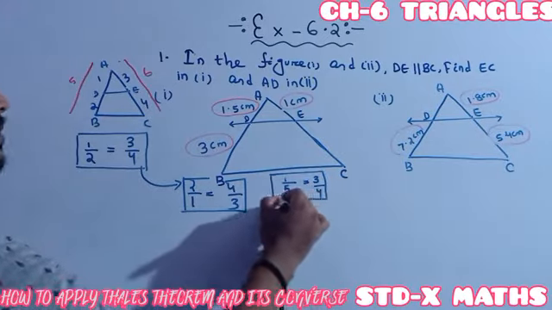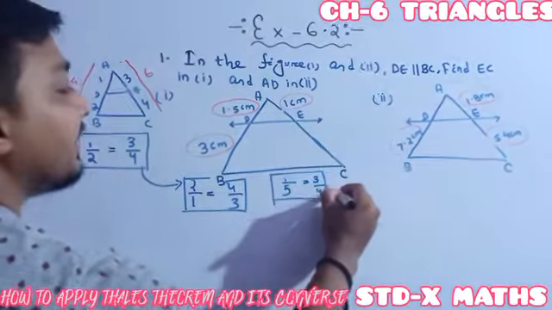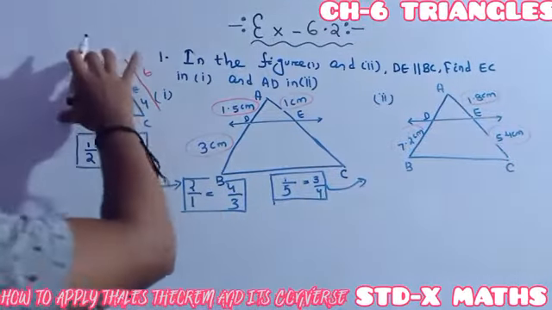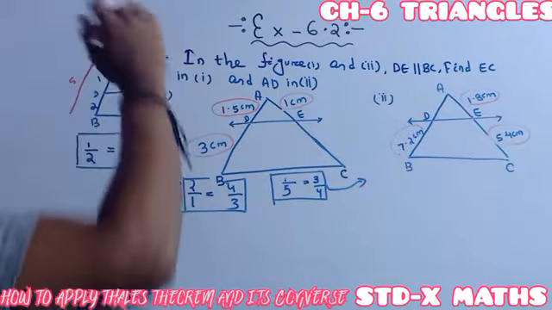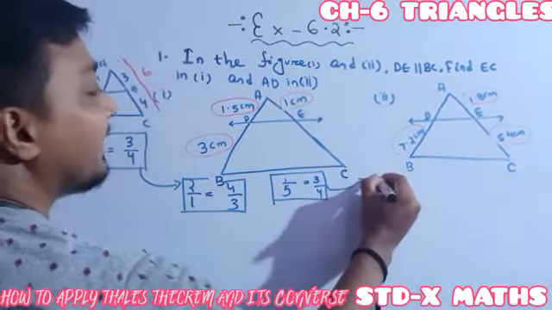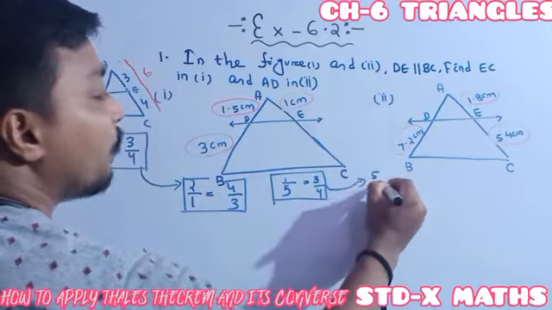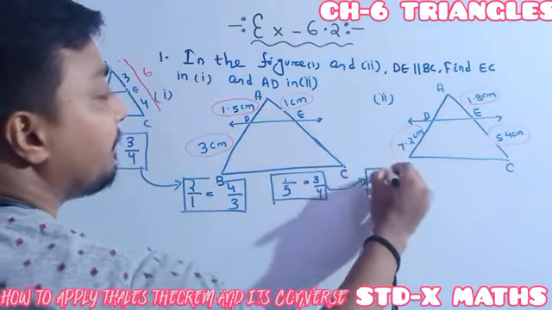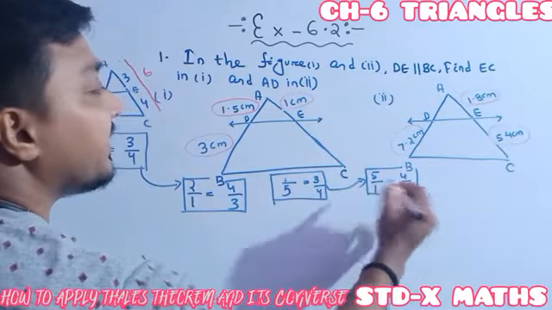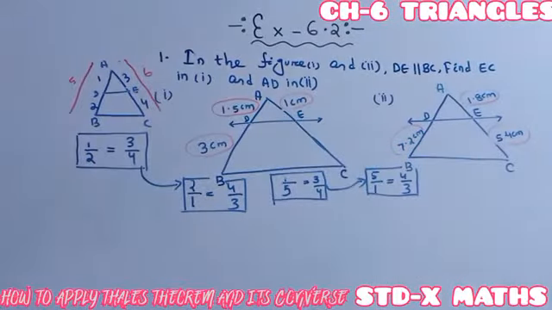Its converse also means the Thales theorem: greater one divided by little one equals greater one divided by little one. So I am writing 5 by 1, which is the same as 6 by 3. It is also another form of the Thales theorem.